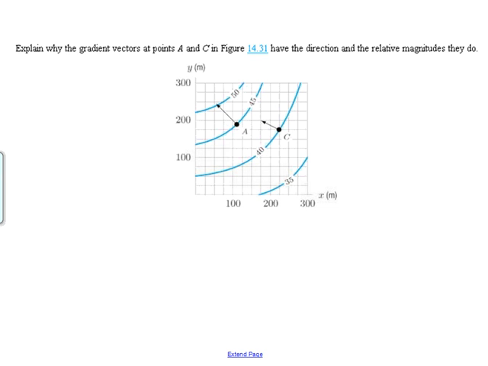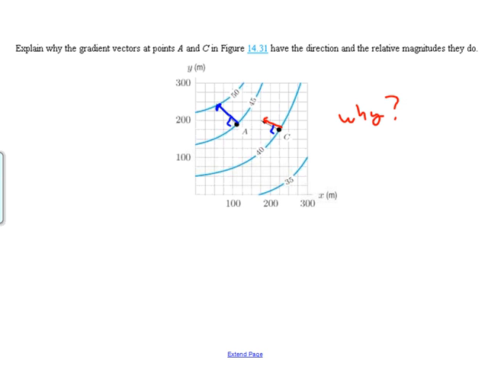So this explains why the gradient vectors at points A and C have the direction and relative magnitudes that they do. First of all, they've got the direction that they do because they're perpendicular to their contour lines. As far as the magnitudes, we notice that the magnitude from A is bigger than the magnitude from C. Why?